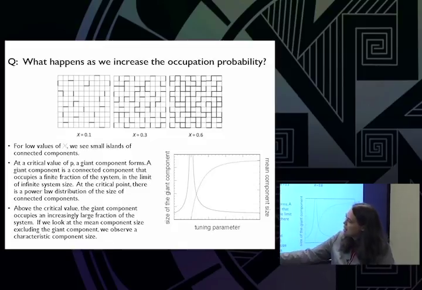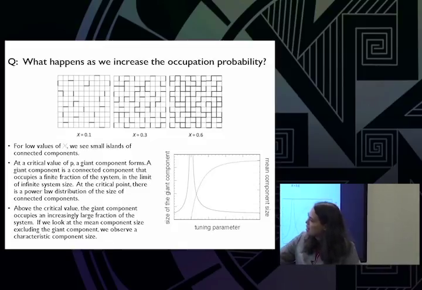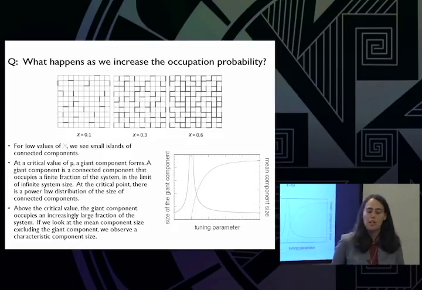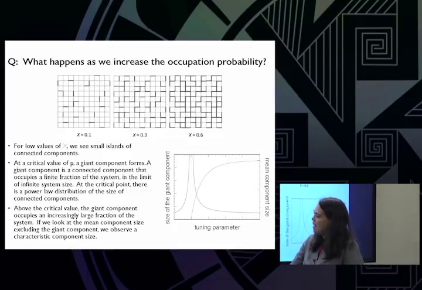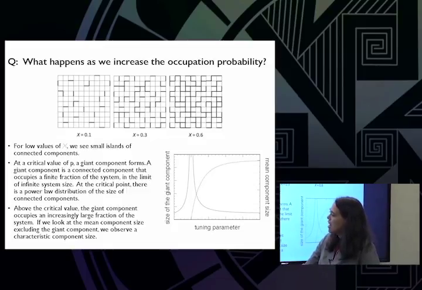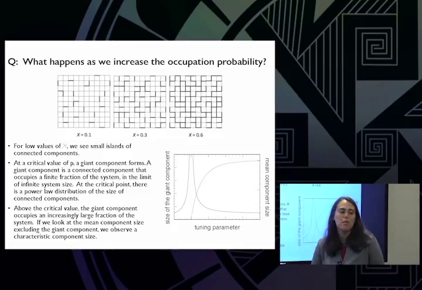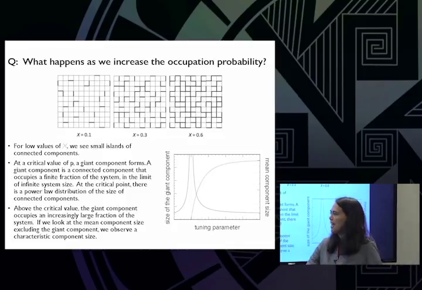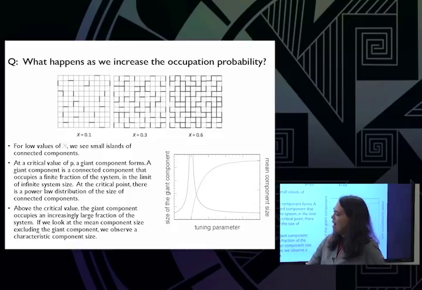This here is the mean component size. This solid line is the mean component size excluding the biggest component. And at some critical value, I get this formation of a really big component. That's when we say the system percolates. So we get this transition.